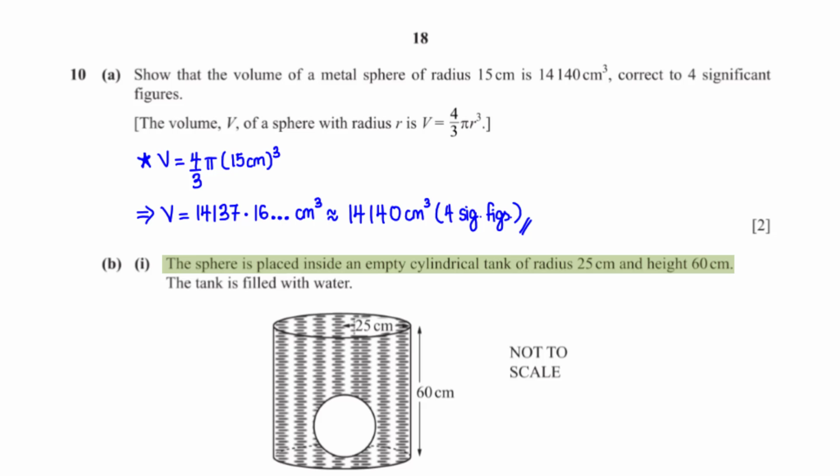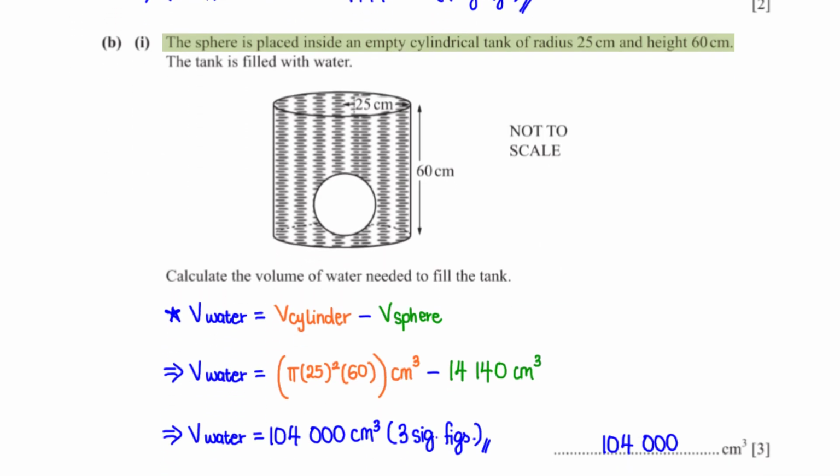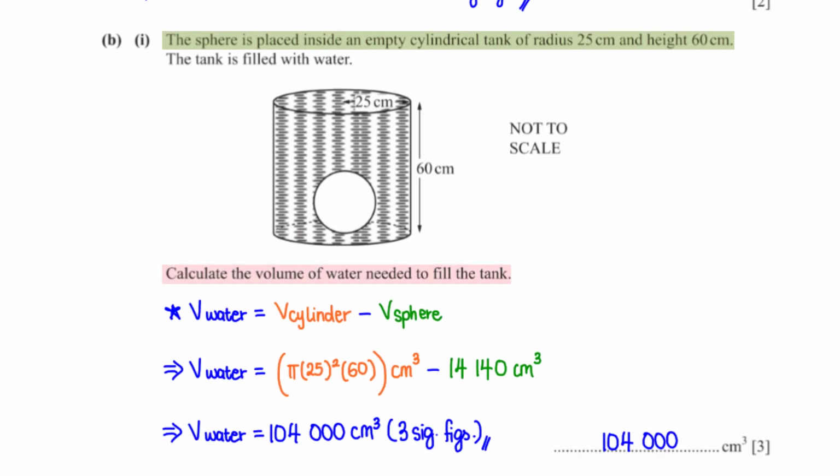The sphere is placed inside an empty cylindrical tank of radius 25 centimeters and height 60 centimeters. The tank is filled with water. Calculate the volume of water needed to fill the tank. The volume of water required to fill the tank would be equal to the volume of the cylinder minus the volume of the sphere.